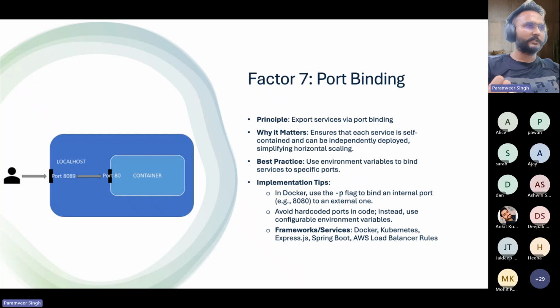So as an outsider, they are just reaching out to port 80, and your internal services are exposing their respective ports. It could be 3001 for one application. Your front end could be running on, let's say, 3002, if we are talking about the same machine. You can have a Redis running on the same machine. You can have a database running on the same machine, but you are exposing them on different ports.